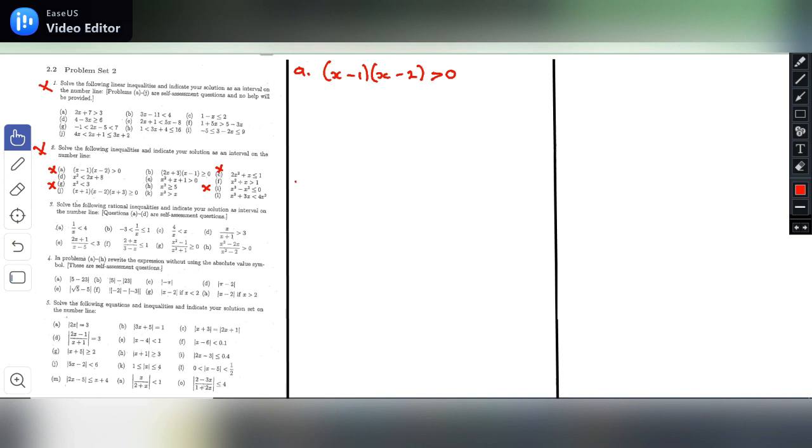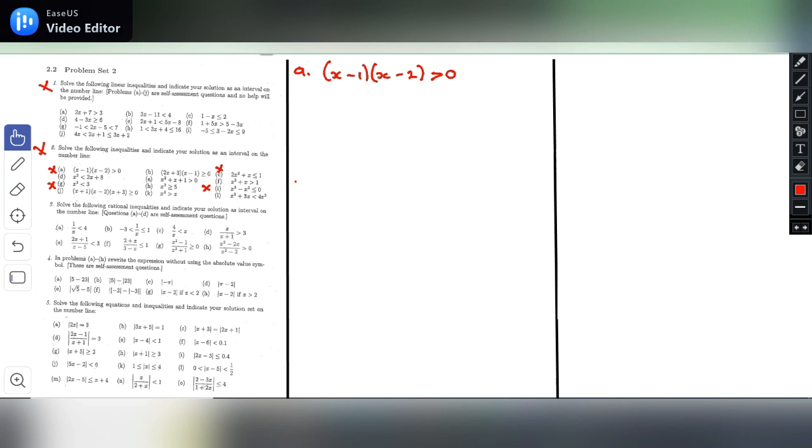The question says solve the following inequalities and indicate your solution as an interval on the number line, right? So whenever we solve inequalities, guys, always make sure that your equation is equated to 0.